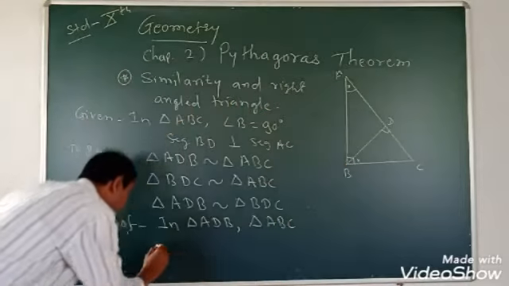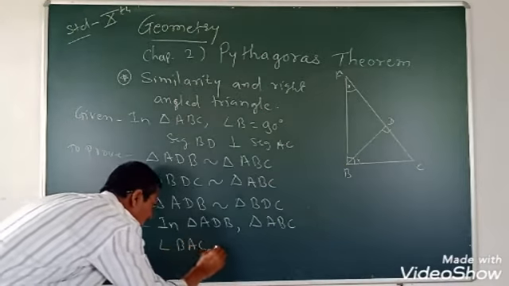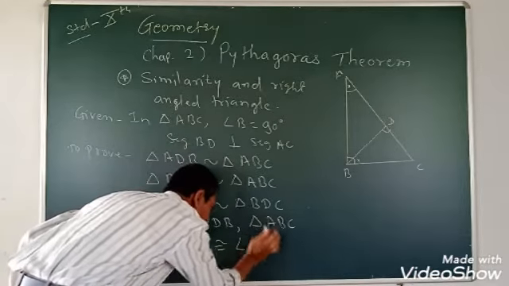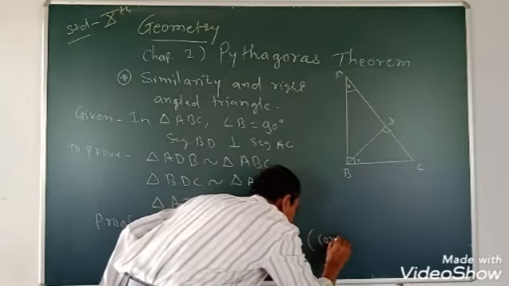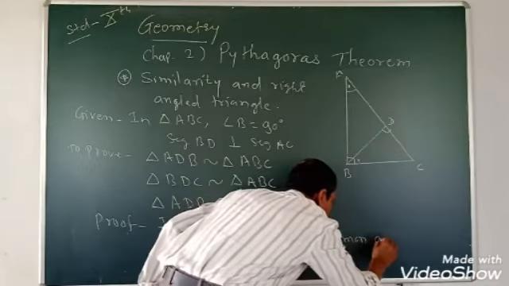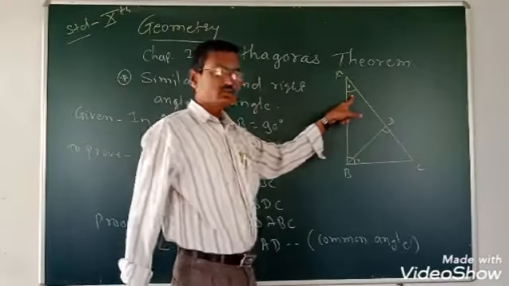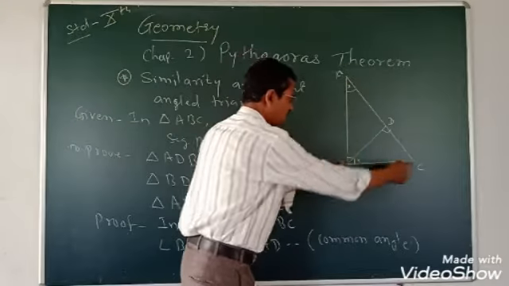Angle BAC is congruent with angle BAD. Now write here: common angle. What to see? Angle A is common between triangle ADB and ABC.